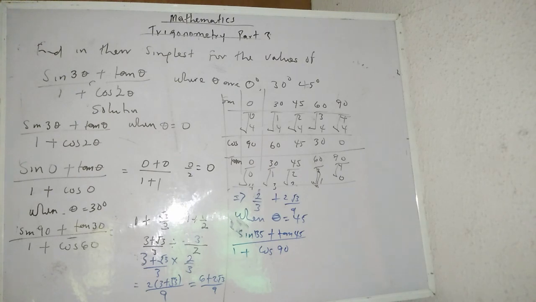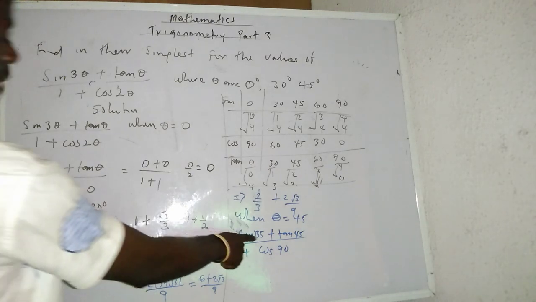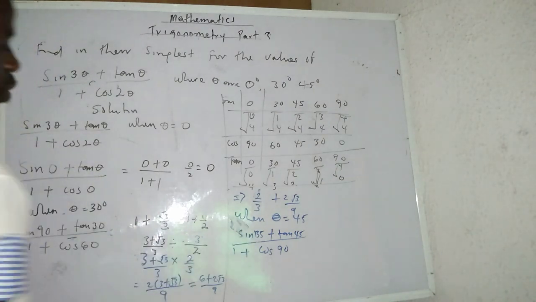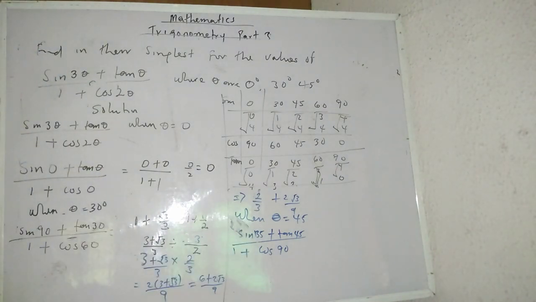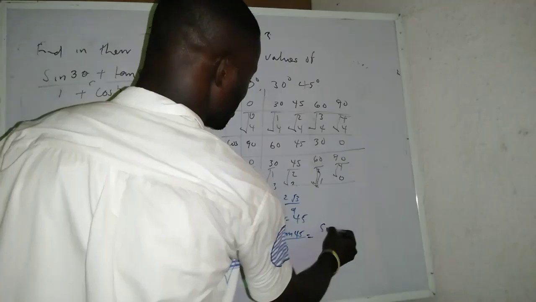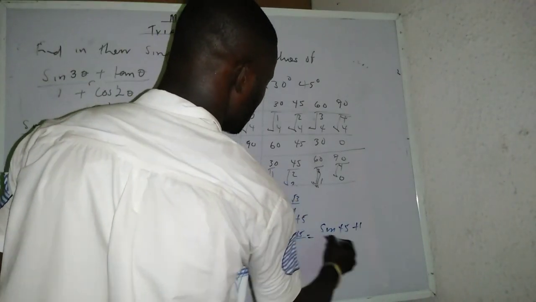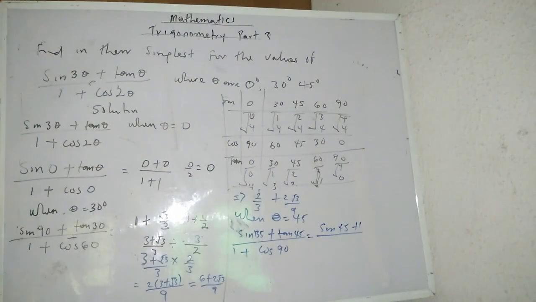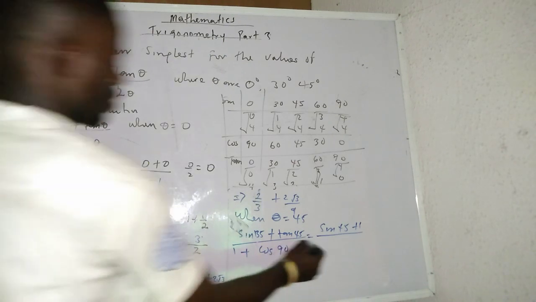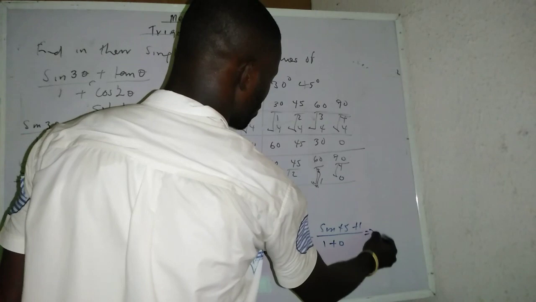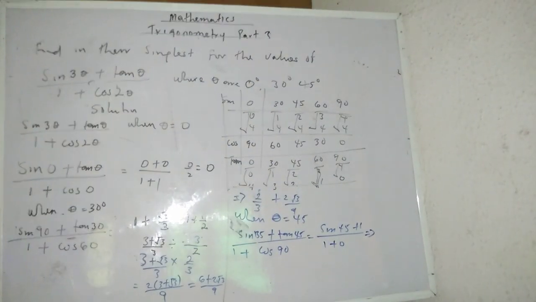Also, I can reduce this to 90 minus 45, and I can also have this as sine 45 plus 1 divided by cos 90, which is 0, so 1 divided by 1 plus 0, which is also the same thing as what?